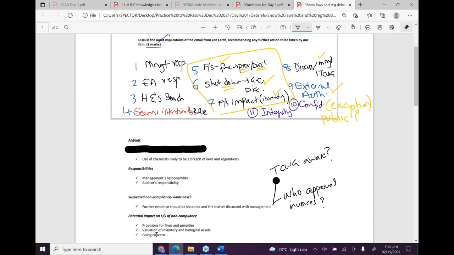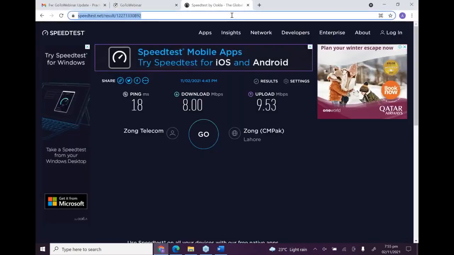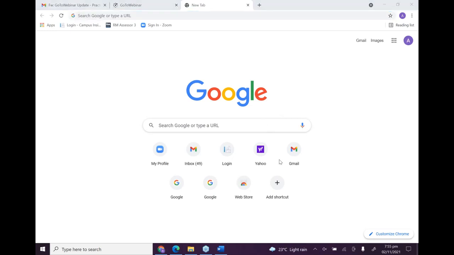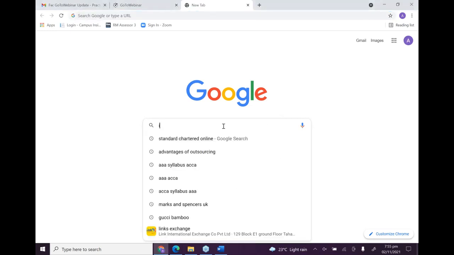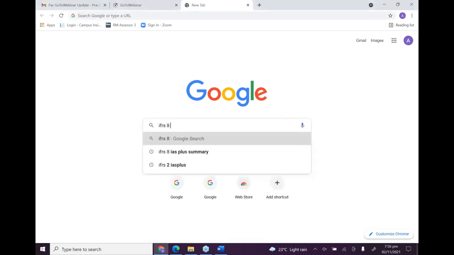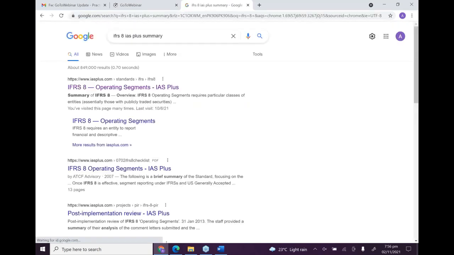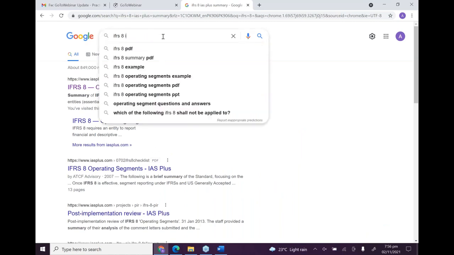Hang on. If you just give me a second. So suppose you do not know IFRS 8. You simply type IFRS 8 IAS Plus summary. And this one page is more than enough for you to know the actual standard. And there was another one, hang on.